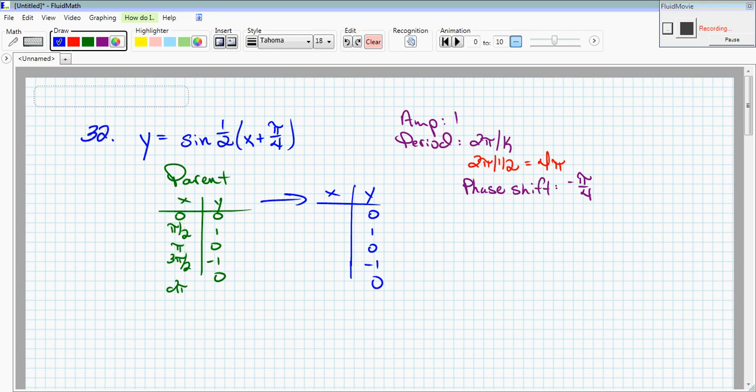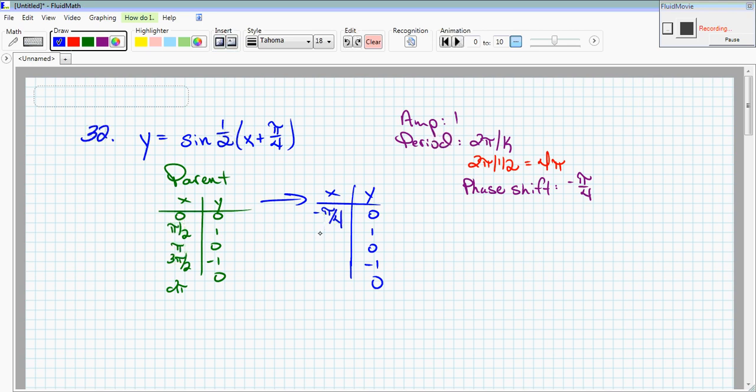And in terms of the period and the phase shift and how this affects everything, what we're going to do is move to a negative pi over 4 because of the phase shift, and instead of counting by a half, we've doubled the period, so we're actually going to count by a full pi.